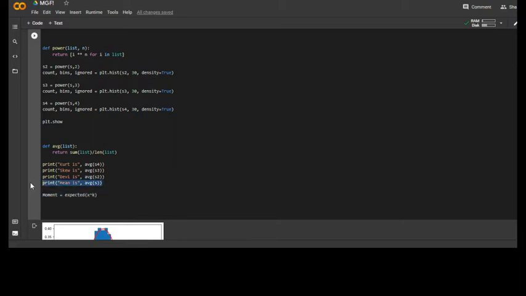The second moment is the expected value of x squared. Graphically, what that's saying is, if you take the output of the probability density function and square all the outputs, right?